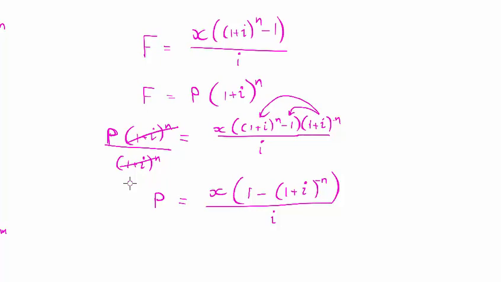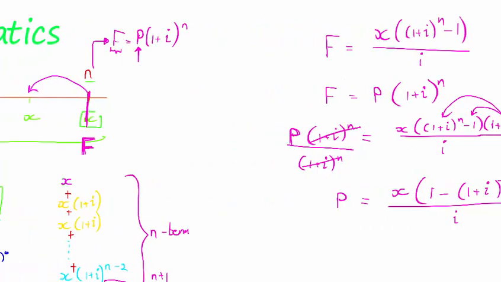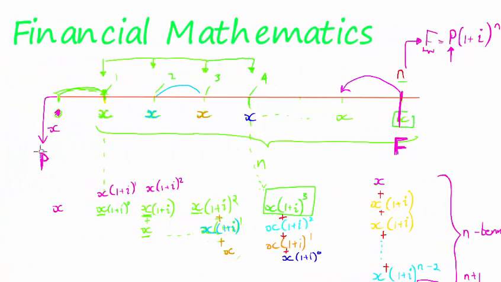Now another thing that I didn't say is that I want to know how much I must invest at the beginning of the time period. But I can say the same at any point. I can ask, how much must I invest at this point?